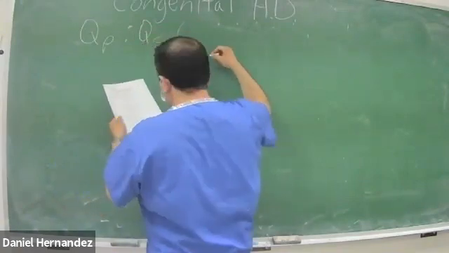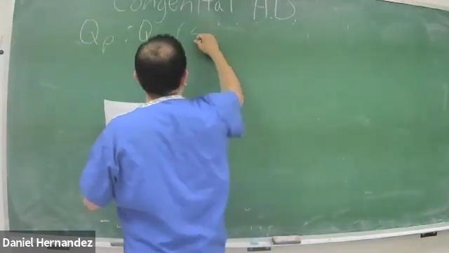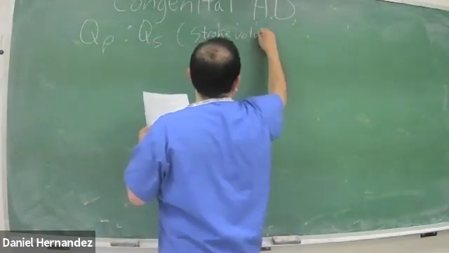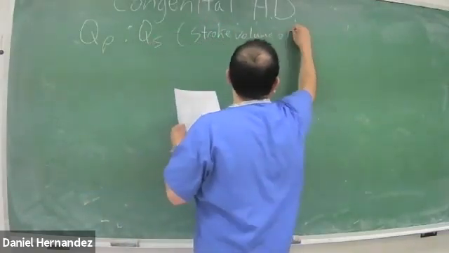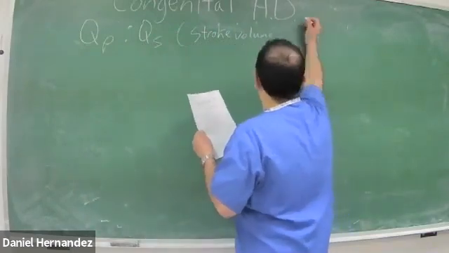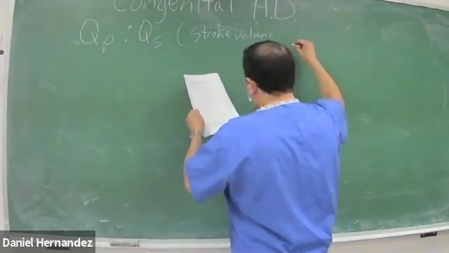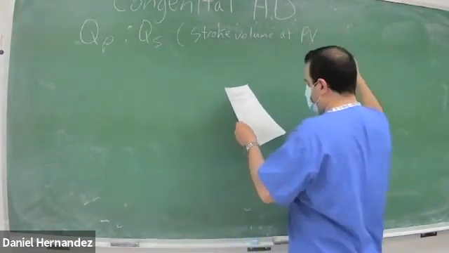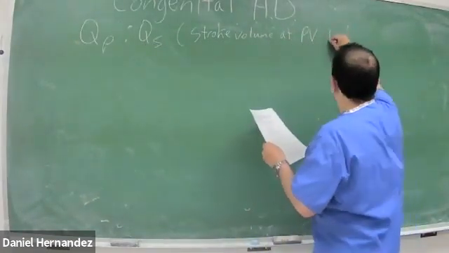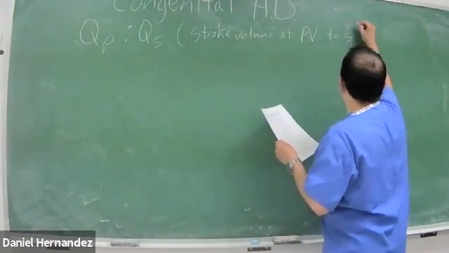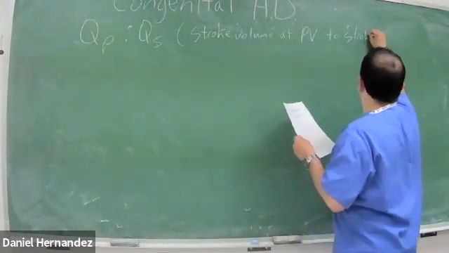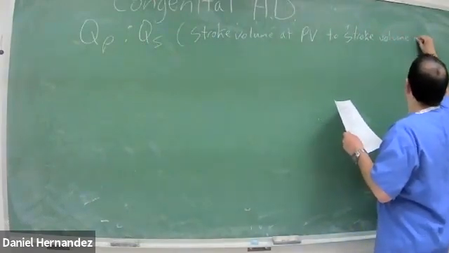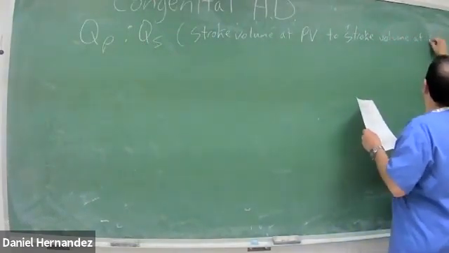This is essentially the stroke volume at the pulmonic valve, and the stroke volume at the aortic valve.